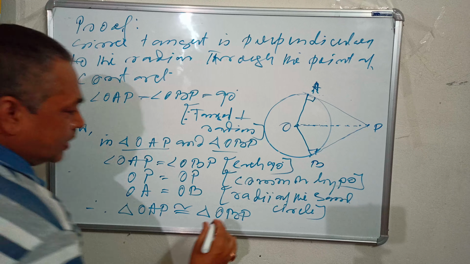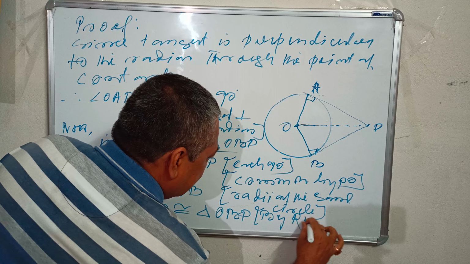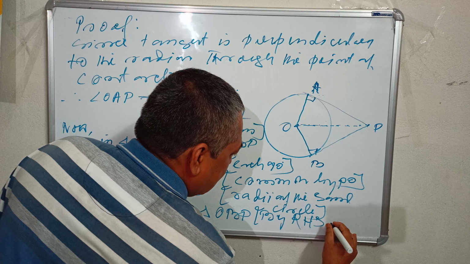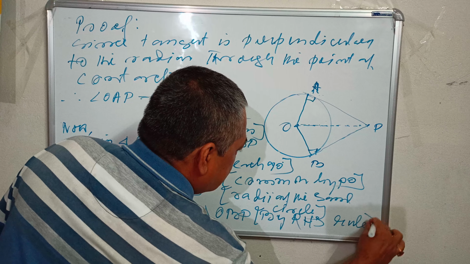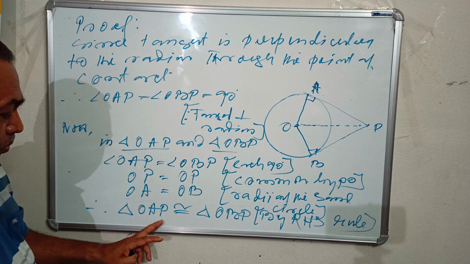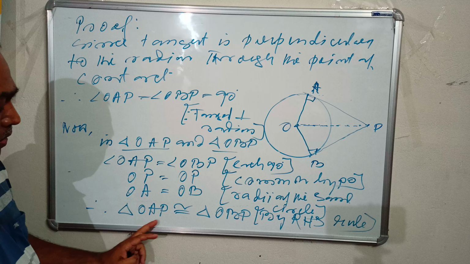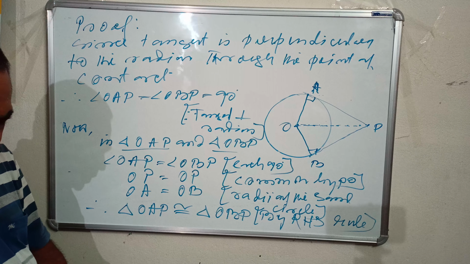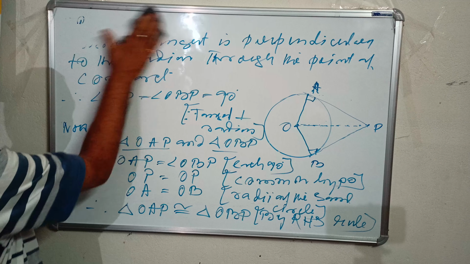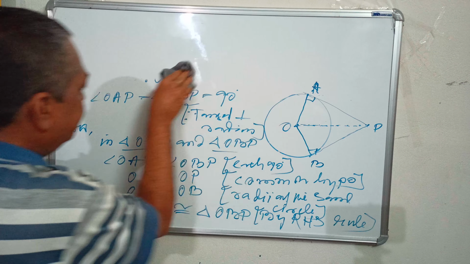What is the criterion? I told you already, by RHS congruence rule. When you write, better write congruence rule. So PA, PB, coming easy, corresponding parts. PA and PB are two corresponding sides.